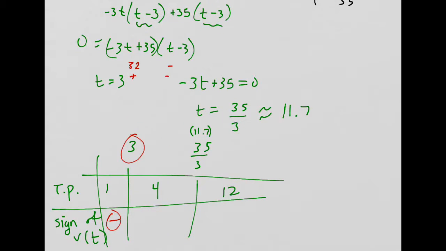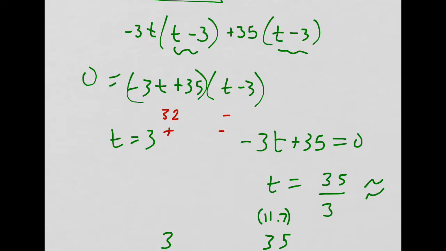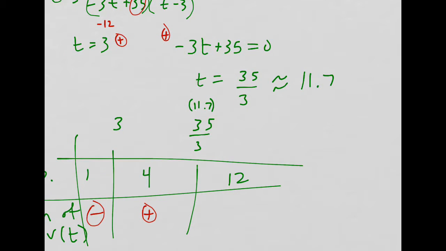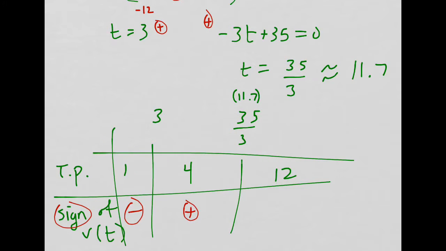This is a lot. It takes a long attention span to do these problems. Plug in 4. What happens? Well, if I plug in 4, I get negative 12 plus 35. This is bigger, so this will be positive. And then 4 minus 3 will also be positive. Positive times a positive is a positive. Sweet. Because really, I'm only concerned with the sign of v of t.